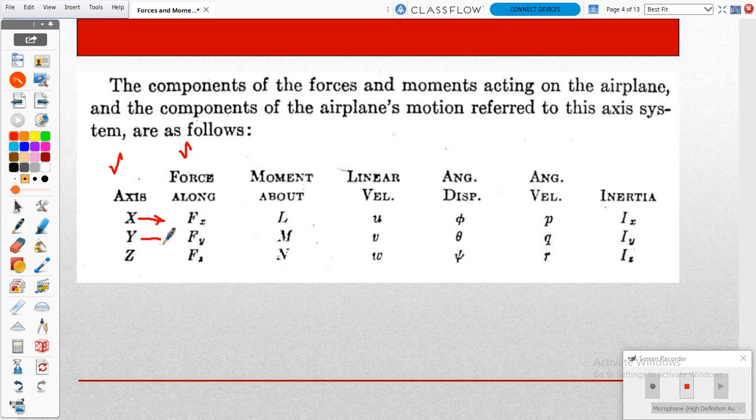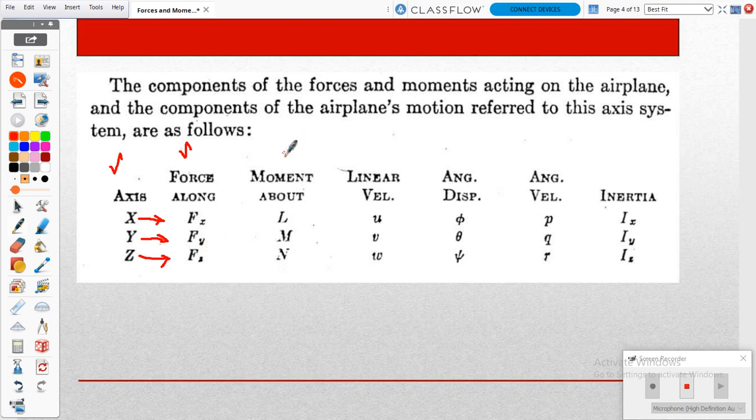For the y-axis, F suffix y, and for the z-axis, F suffix z. So we can easily list out the force along the axis. We have completed force.